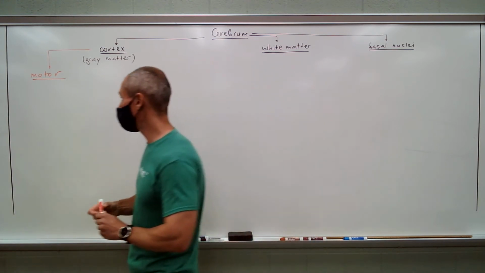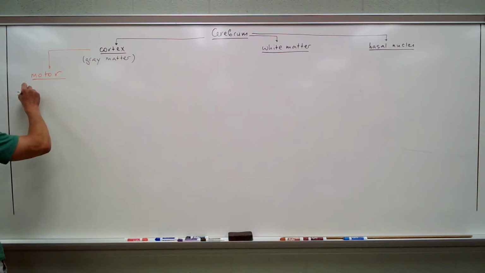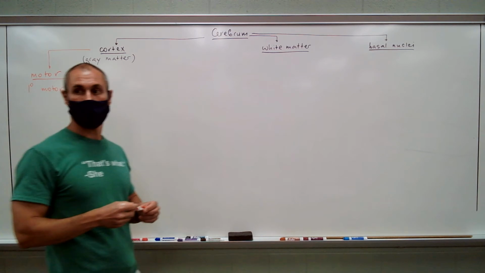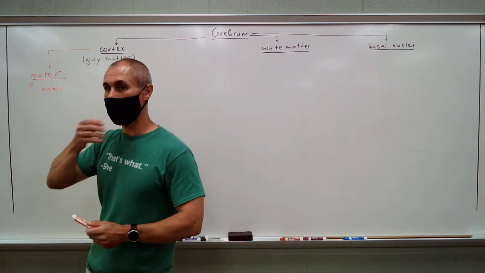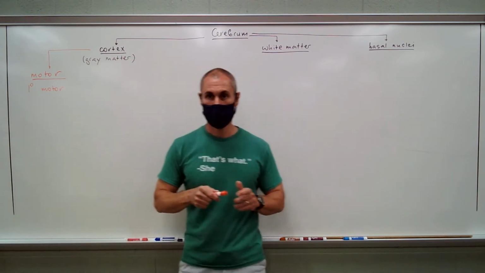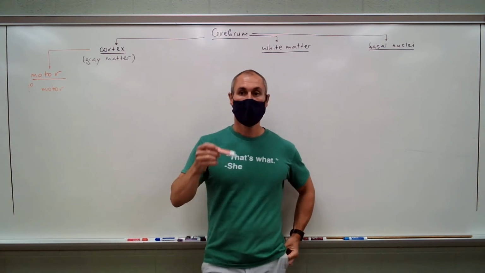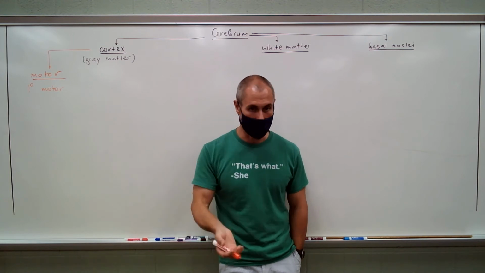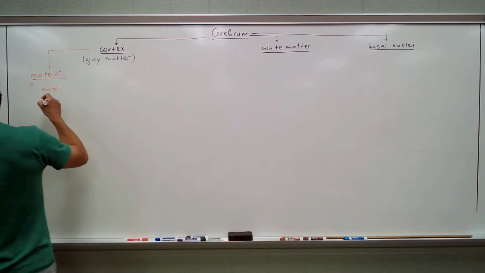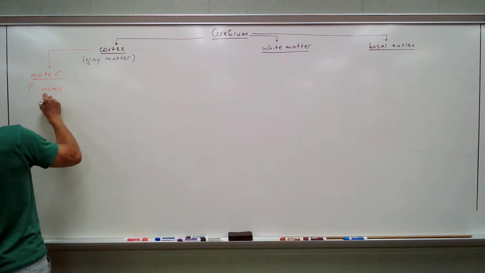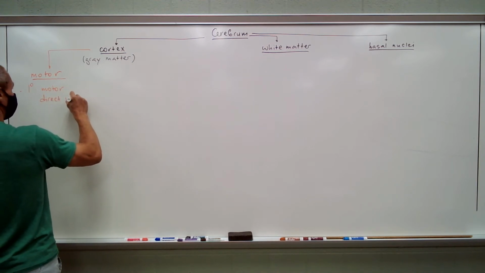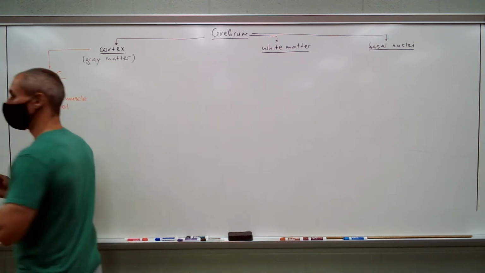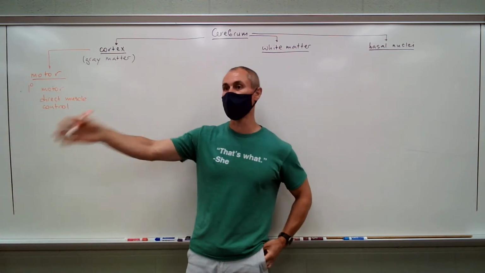4 cortices here. First one is primary motor. Primary, yes. So what does it do? It directly controls muscles. Okay, so this is the team captain, okay?